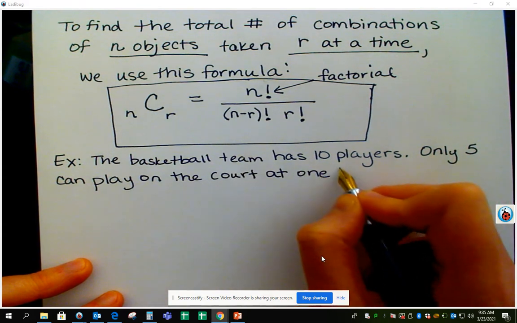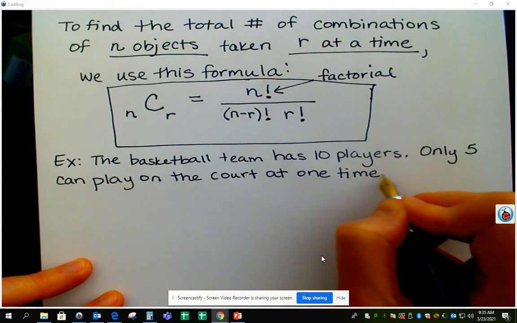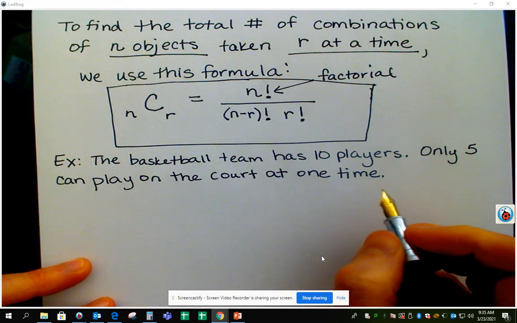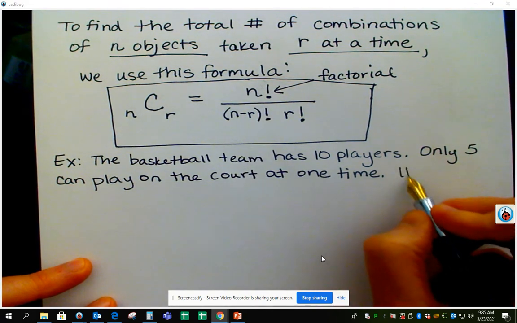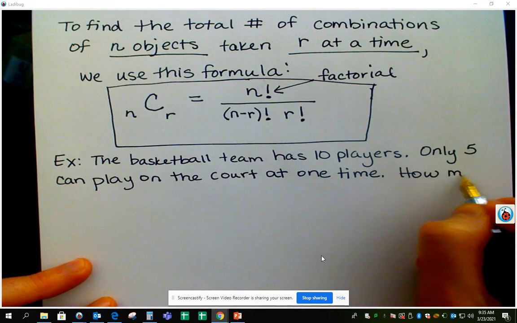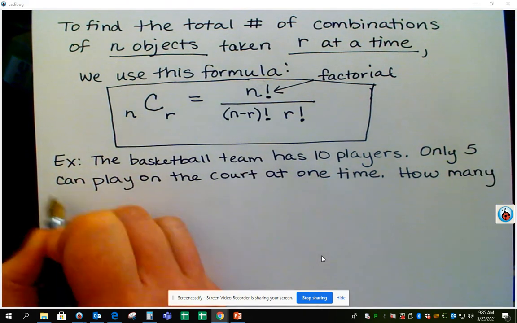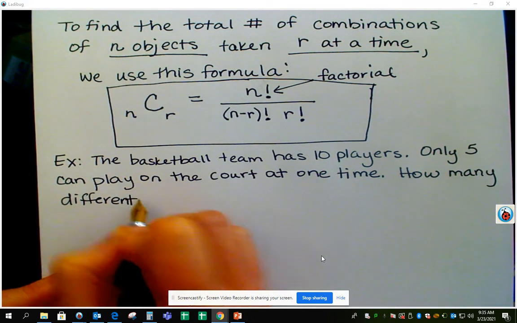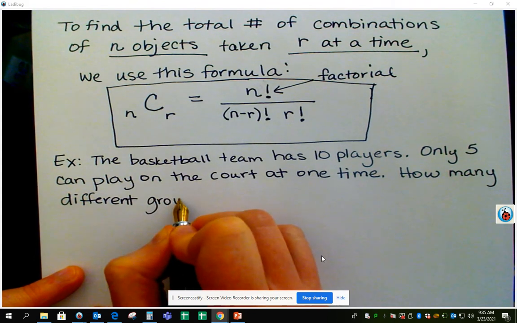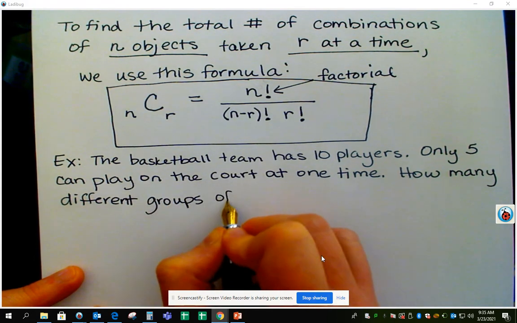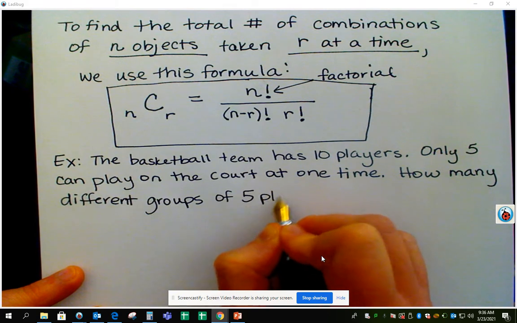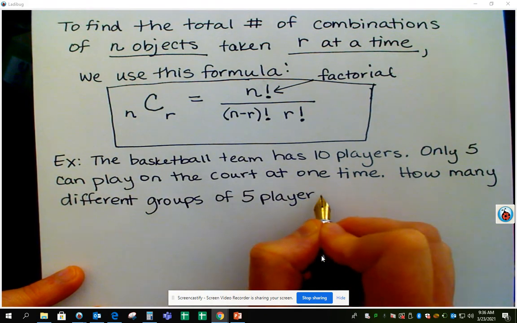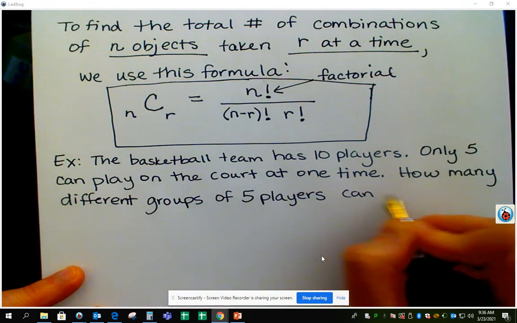And I don't follow sports, so I have no idea if this is a realistic scenario, but I'm going to assume so. So our question is, how many different groups of 5 players can be formed?